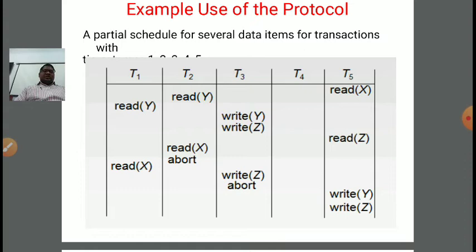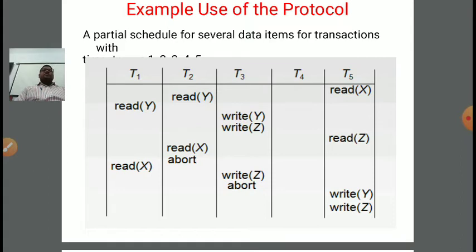In T3 there are 3 operations and it is also aborting at the end. It first does a write operation on data item Y, after that a write operation on data item Z, and at the end again a write operation on the data item Z, and at the end it is aborting its execution. In T4 there is no operation.